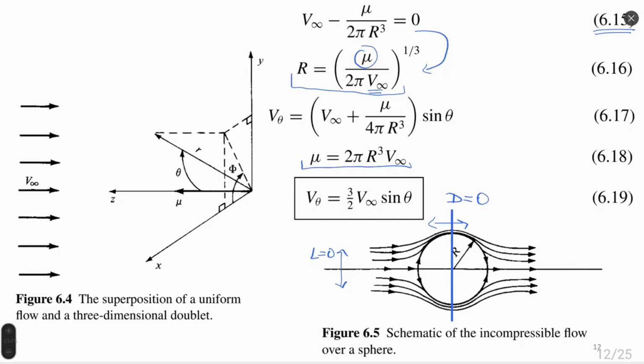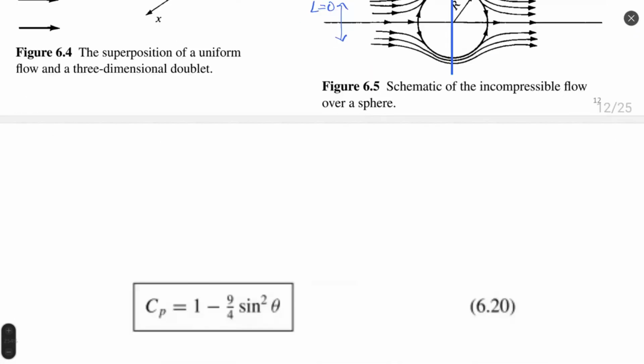But even drag calculation is not possible because since we have a symmetric distribution of streamlines, it means that we have a symmetric distribution of velocities and a symmetric distribution of pressure before and after the sphere. It means that drag has no source. Or let's say differently, pressure forces are equal on the left and right side of the sphere, so they are in equilibrium. There will be no difference.